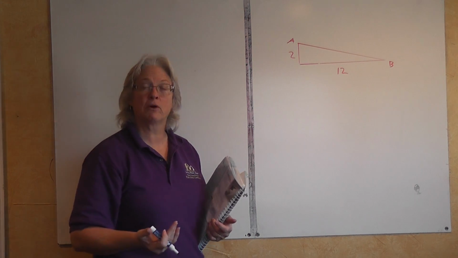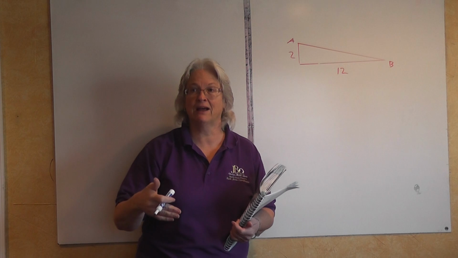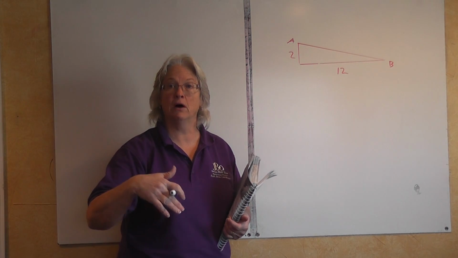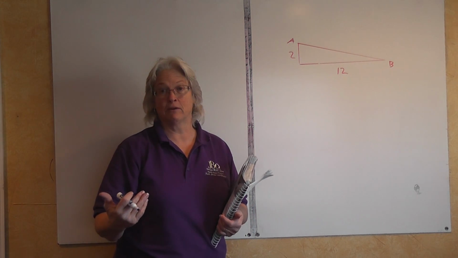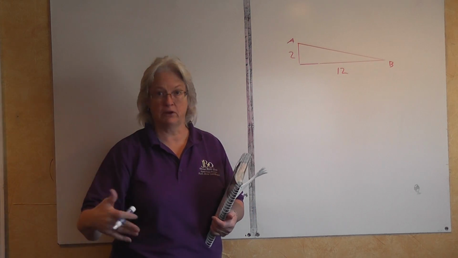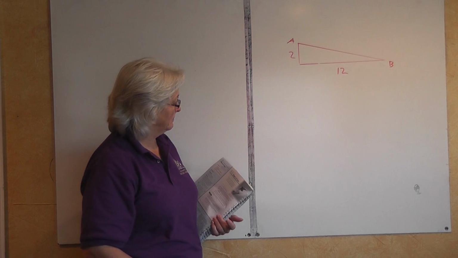When I mentioned that we were talking about slope of lines, those of you who are skiers, particularly downhill skiers, when you think of slope, you're immediately going to think of the slope of your ski run. Now, I'm not a skier. I can get to the bottom of the hill just like anybody else can, but it's not going to be on my skis. It's going to be me rolling down the hill.